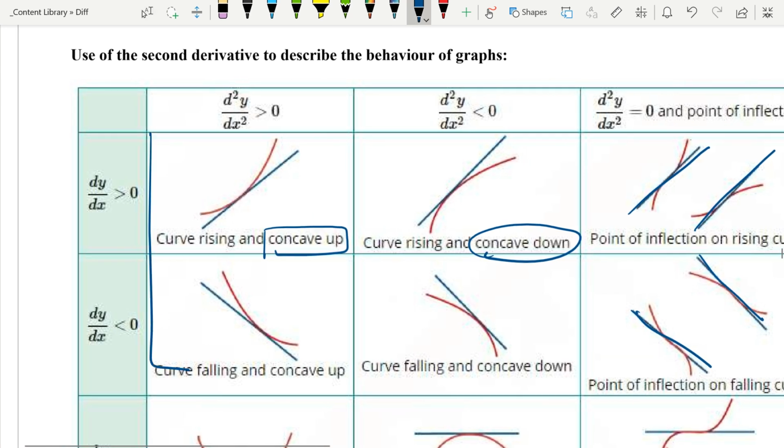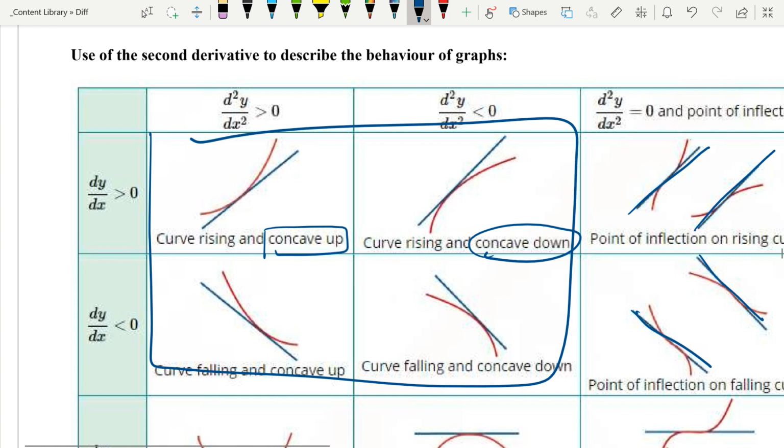For these four, there will be a range, say from 0 to 4, where it's all concave up. So it's talking about a range of x values. It doesn't matter how you sketch the tangent between 0 and 4, the tangent is above or below the graph. But for equals 0, it's actually at that point.